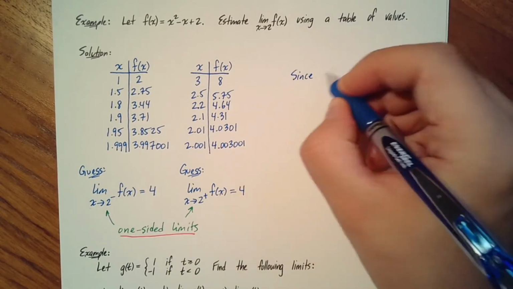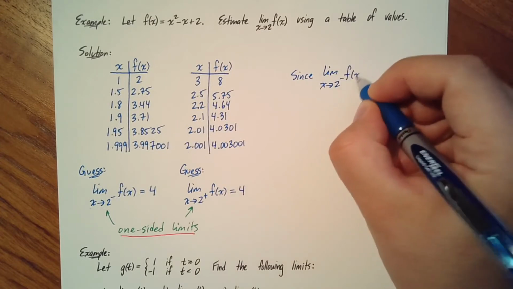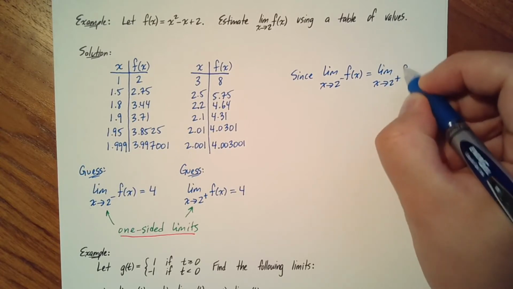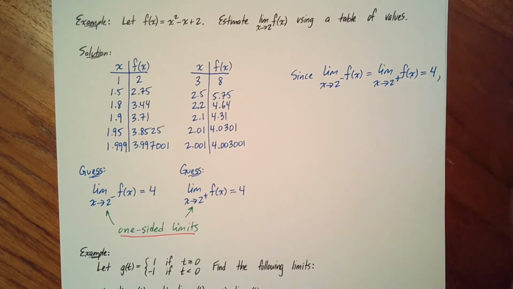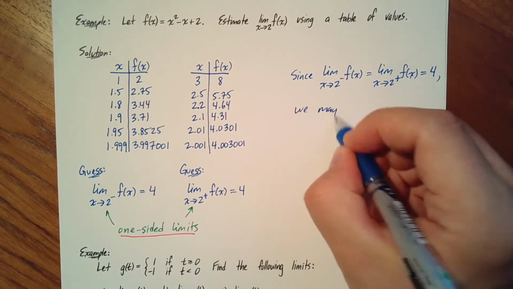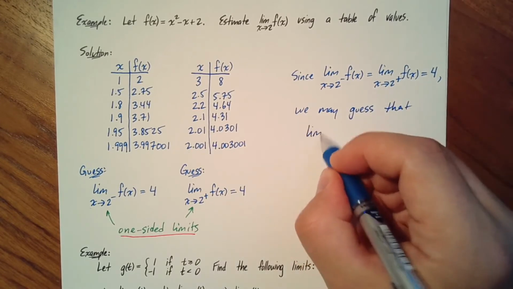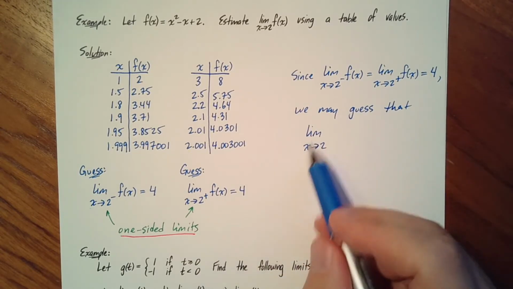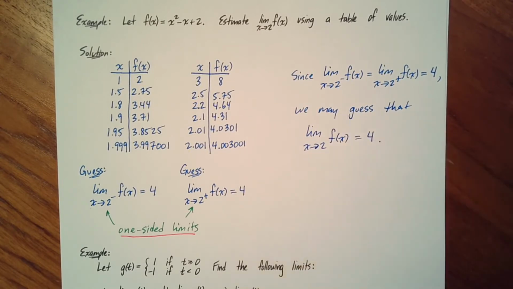Since the limit as x approaches 2 from the left of f of x is equal to the limit as x approaches 2 from the right of f of x, and they were both equal to the common value of 4, we may guess or estimate that the limit as x approaches 2, and I'm not going to specify a direction this time because this is now the two-sided limit that we wanted to investigate, the limit as x approaches 2 of f of x is equal to 4.